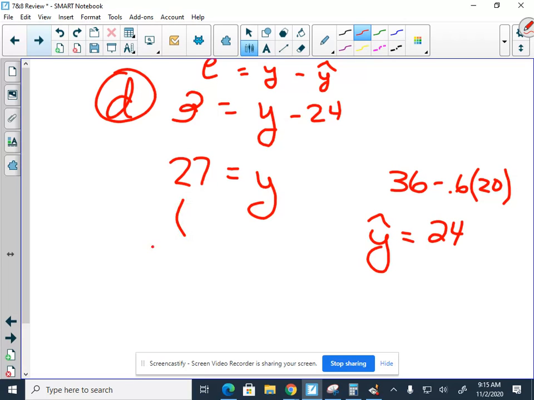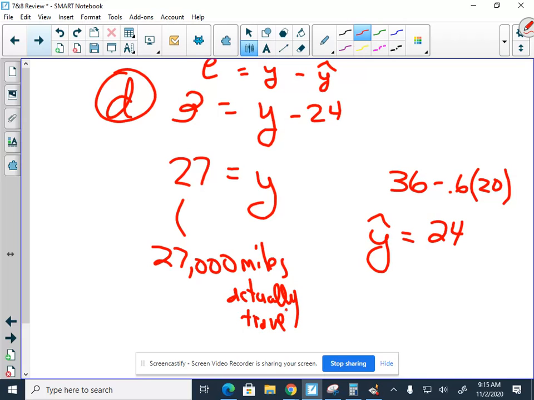So 27,000 miles actually traveled. Is that right? Or is it the tread depth? That's not right. This is the tread depth, so it should be that's the 24.